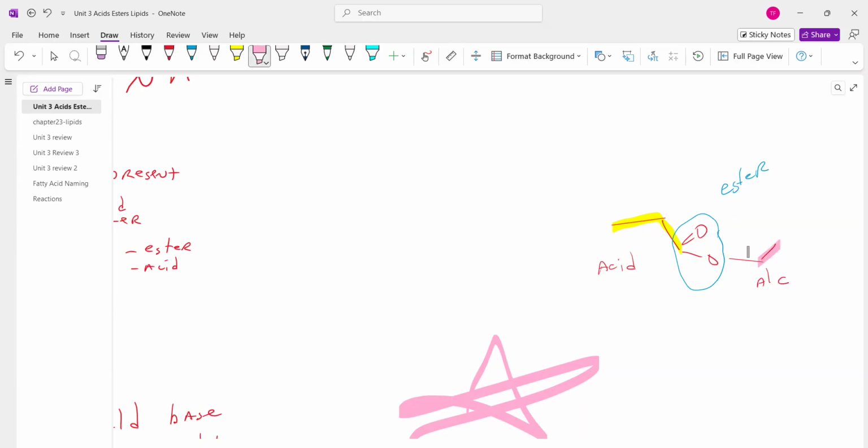So the acid has got 1, 2, 3 carbons, and the alcohol has 2 carbons. So to make this, we're going to combine a 3-carbon acid plus a 2-carbon alcohol.